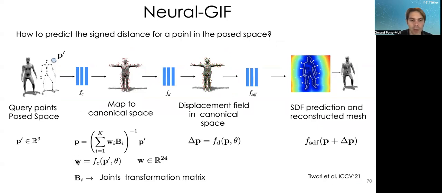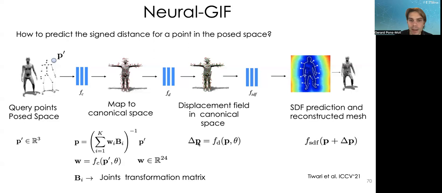And these W's are predicted with the network f_c. B_i are known from the SMPL model. And now this is one of the key tricks of this paper. We want to model these fine-grained details, these changes, for example wrinkle deformations or muscle bulging that happen as I articulate the body, which are non-rigid. And instead of having a network that predicts directly the different canonical spaces, which would be hard to learn, what we do is we learn a displacement field in canonic space.